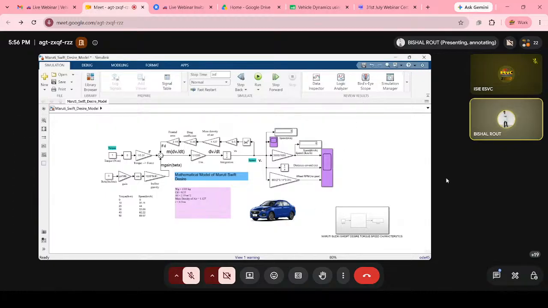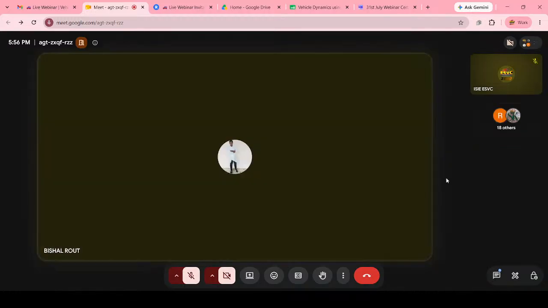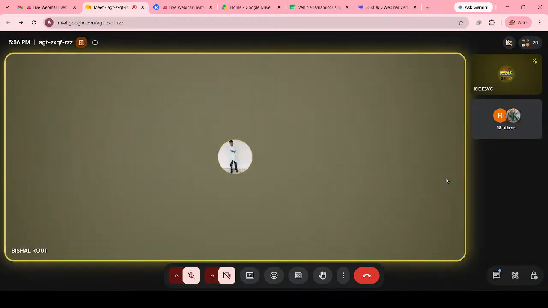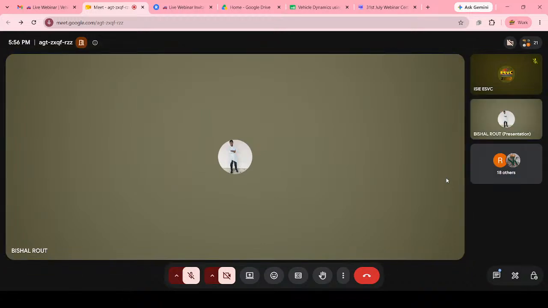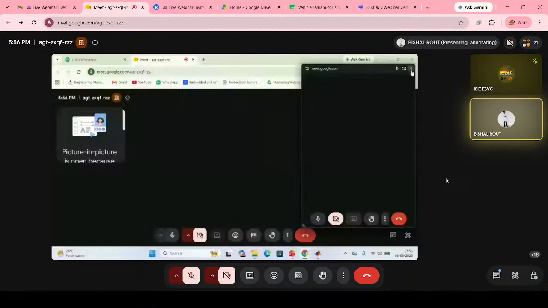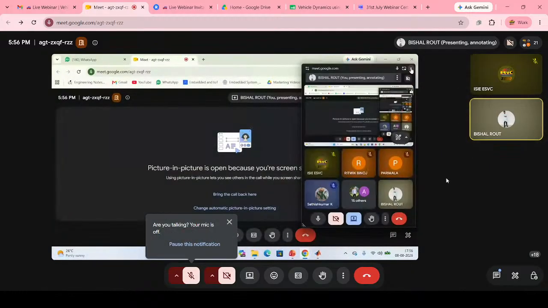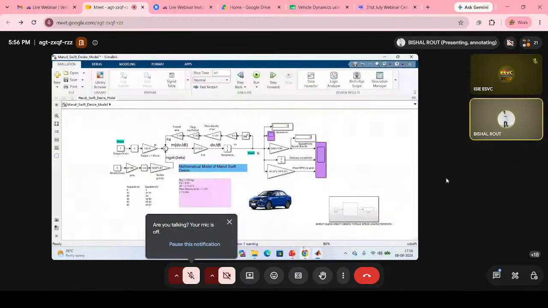Just give me a moment because I thought this model had been skipped by you. Let me share the complete screen. That is the problem in Google Meet. I hope the MATLAB screen is visible to all of you, right?